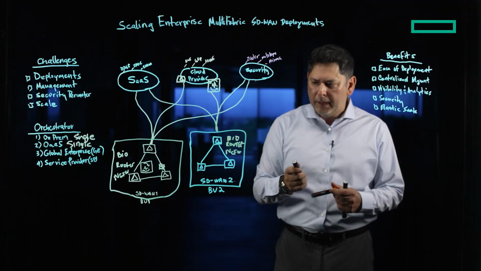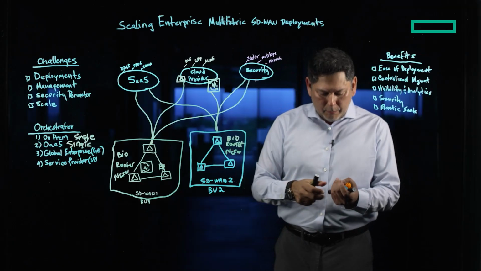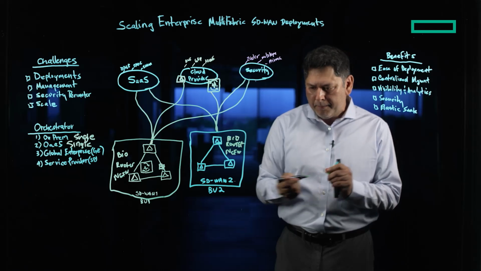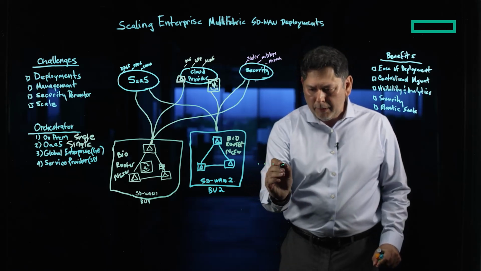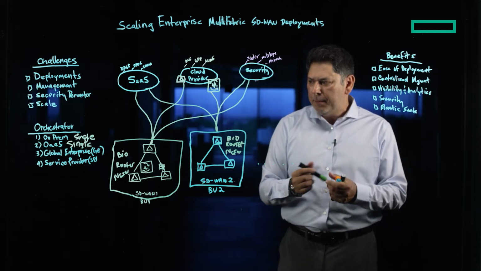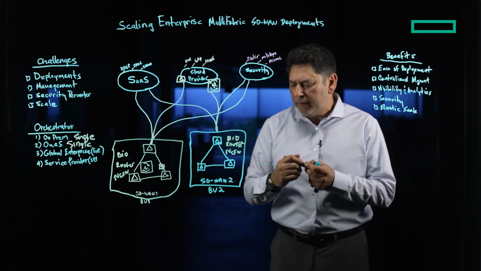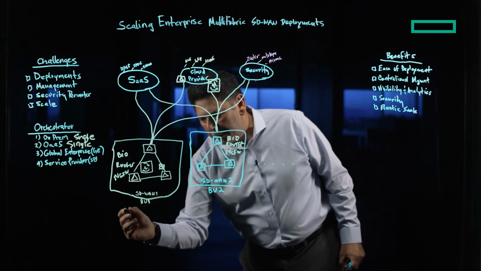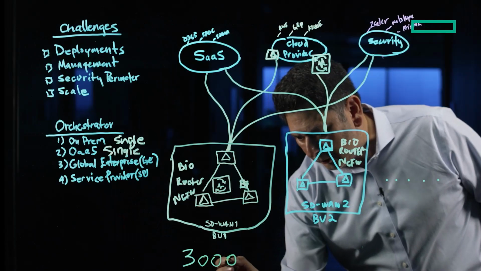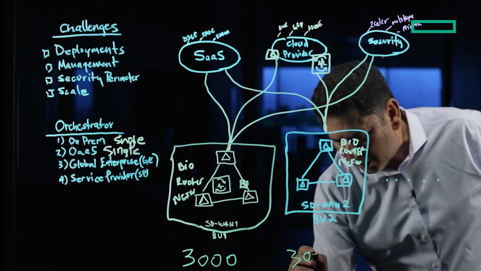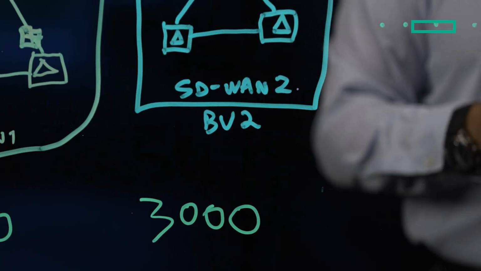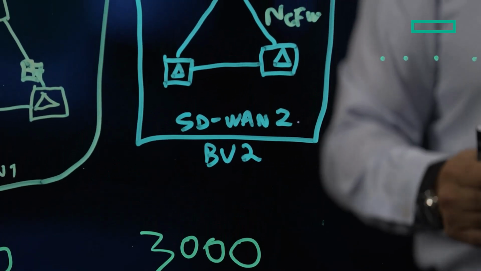Now, with things having changed in the network, we start noticing the scalability where we need to grow this out. One of the things to keep in mind is that when we start talking about on-prem and Orchestrator as a service, we have the ability to support up to 3,000 EdgeConnect appliances per Orchestrator. A lot of our customers are scaling this out.